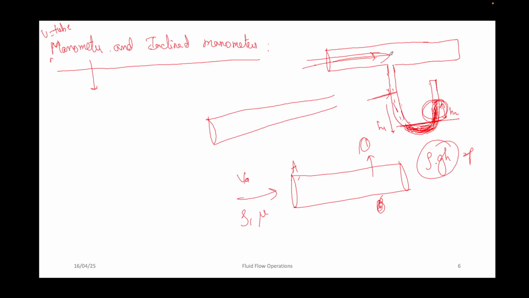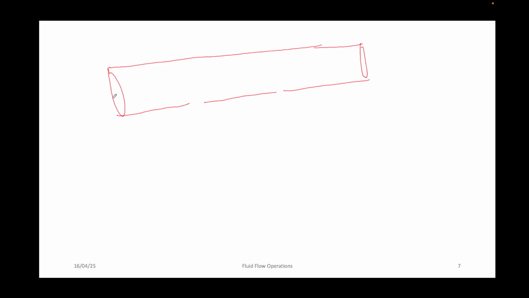So can someone explain me how this works? So we have almost the same arrangement, but the only change is that it will be connected across two different points. So let's say this is a pipeline and water or some liquid is flowing in these pipelines, and you want to measure pressure across two different points.